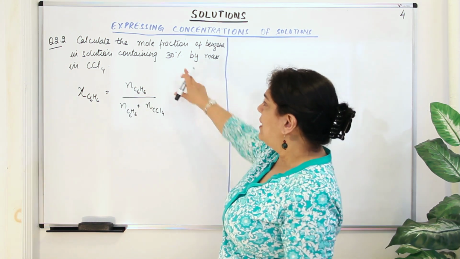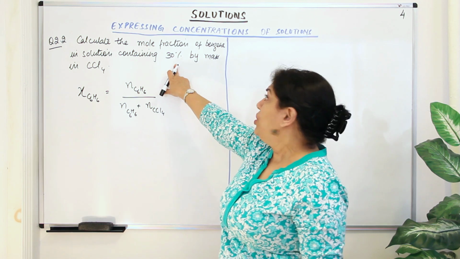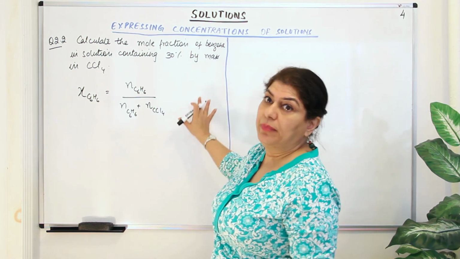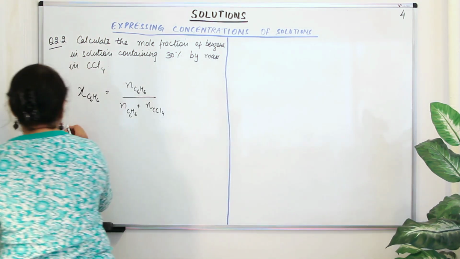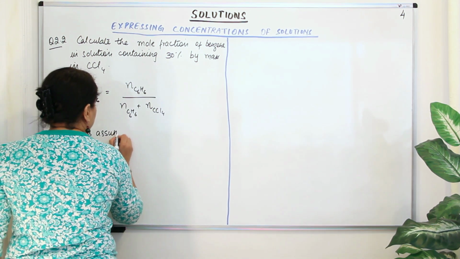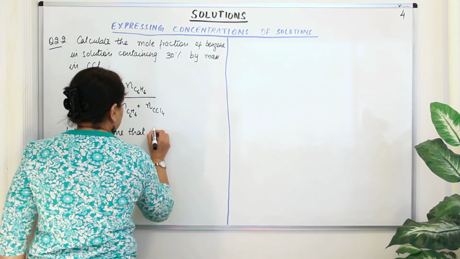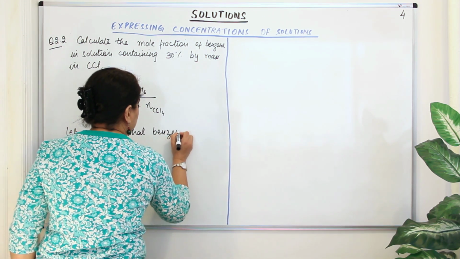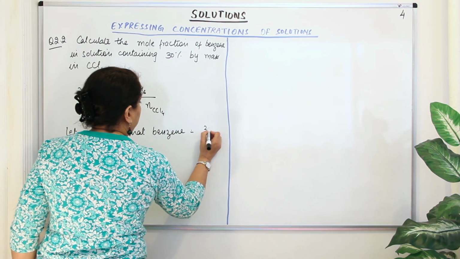What is given to us? We've been given the mass percentage. You have 30% of benzene by mass. So let us assume that the mass of benzene is equal to 30 grams.